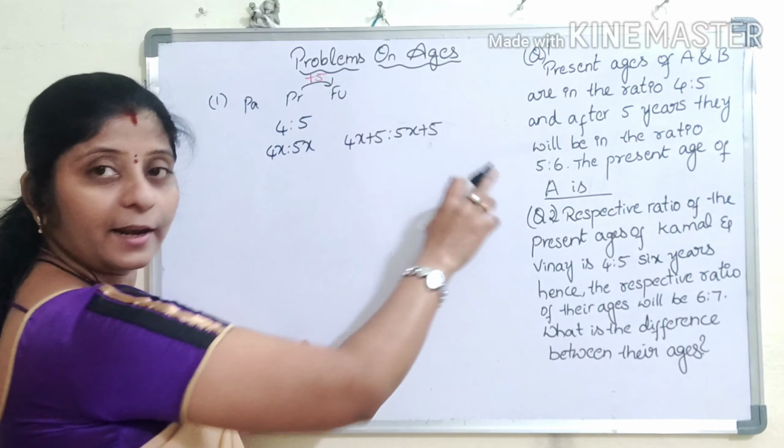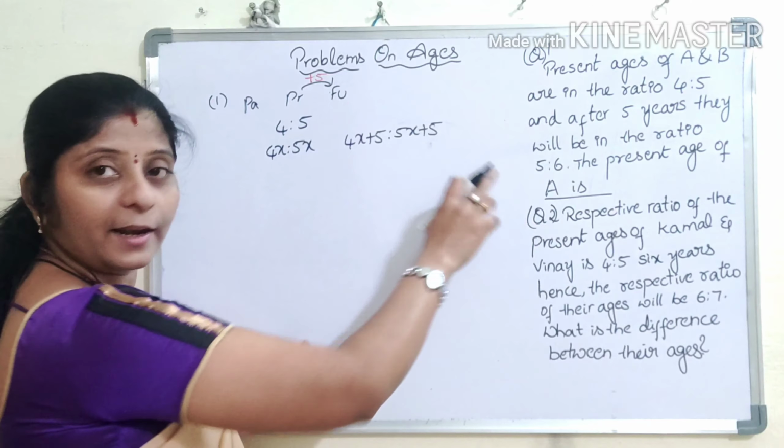We have to add plus 6 for this, and that ratio will be 6:7. We are saying here after, plus 6. So 4x plus 6 to 5x plus 6 is given as 6:7. So this can be written as 4x plus 6 upon 5x plus 6 equal to 6 upon 7.